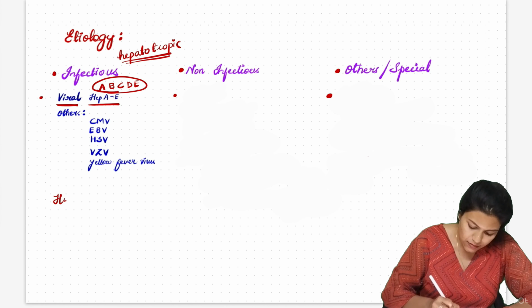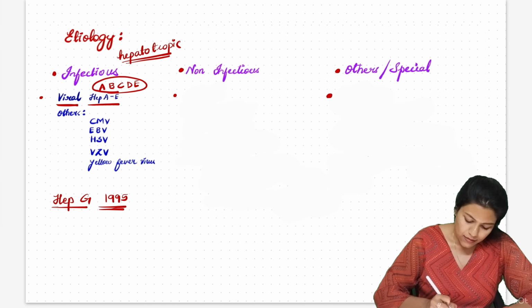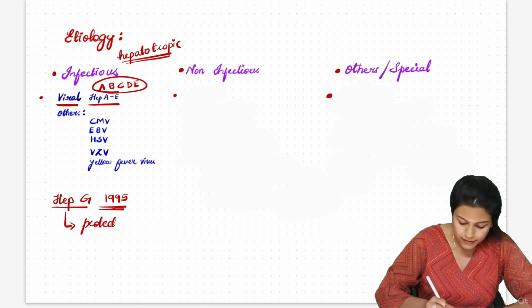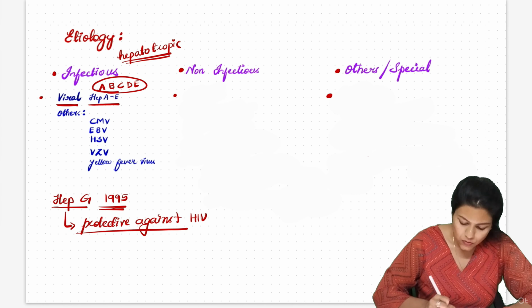Also, hepatitis G was discovered in 1995, but this does not cause hepatitis. It is not associated with hepatitis, and interestingly, it is believed to be protective against HIV.